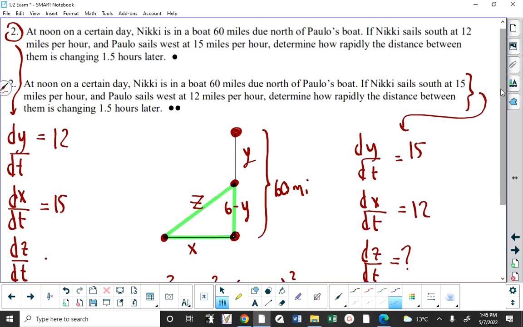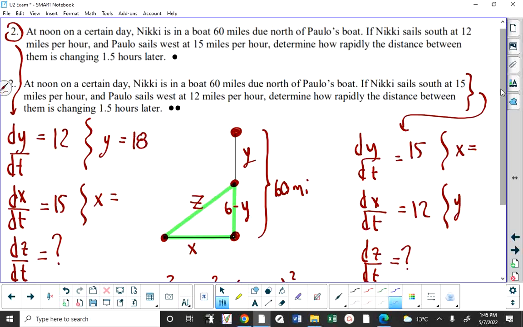You also need to know the value of y and the value of x at this later point in time to answer the question. Although I'm not going to show the work here, I expected you to show your work and how you got it on the exam. If in the first version's question, Nikki is sailing south at 12 miles per hour, then 1.5 hours later, you would take 1.5 hours times 12 and get 18 miles.